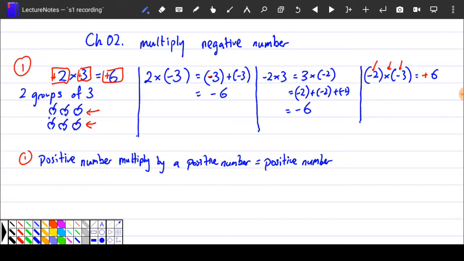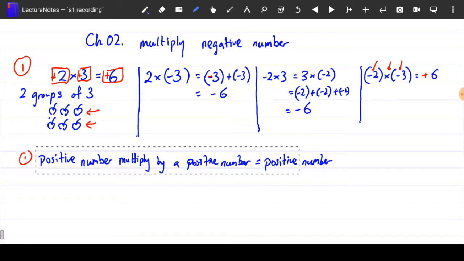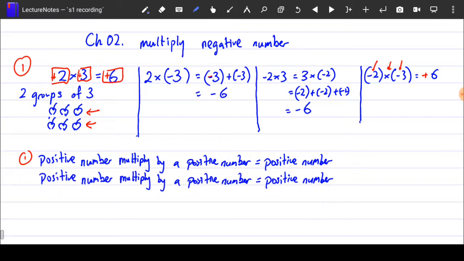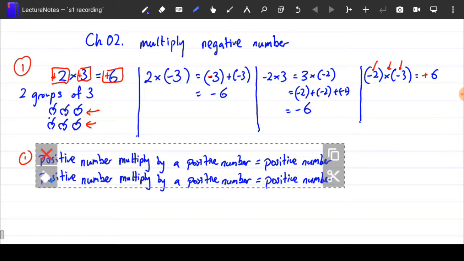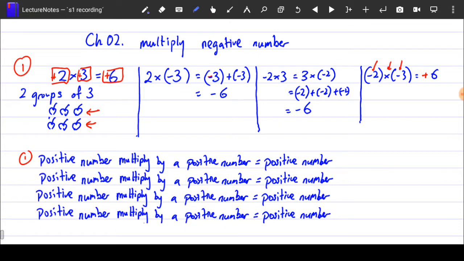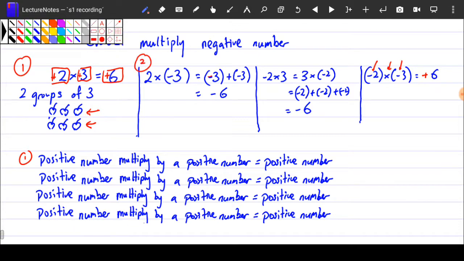Let me repeat this statement. But then I have to change certain things, so let me just try. This is the second scenario.